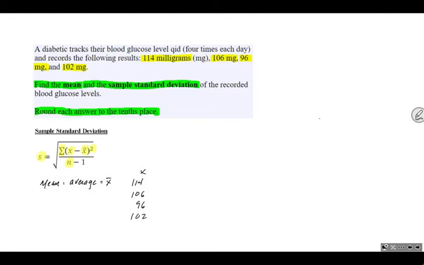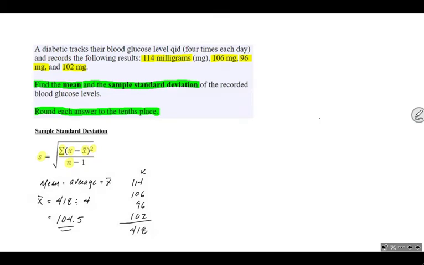And to find average, we're going to sum those, aren't we? And we're going to come up with a total of 418. So our mean, our x bar over here, is going to equal 418 divided by 4. And that's going to give us a value of 104.5. So that is our x bar.